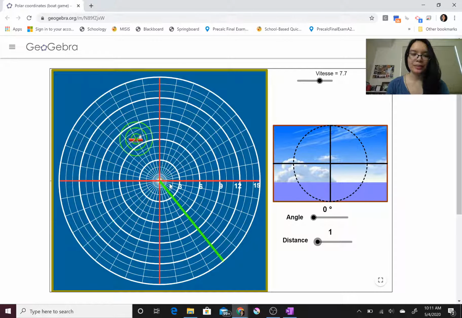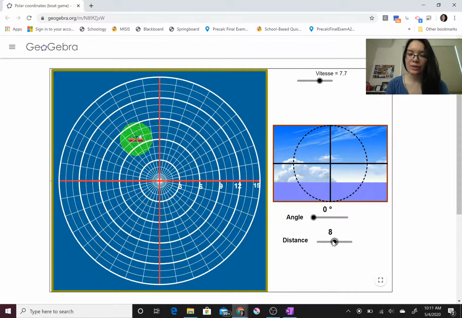And if I look at where the boat is located, I see that the radius is marked at 3 here with this major line. And then over here, it goes 3, 4, 5, 6, and there it is at radius 7.